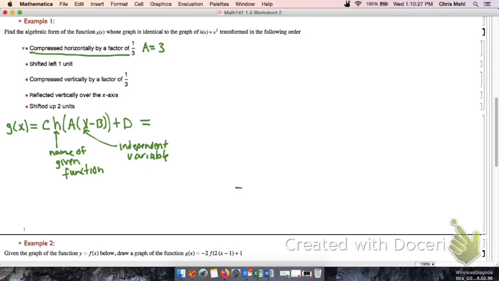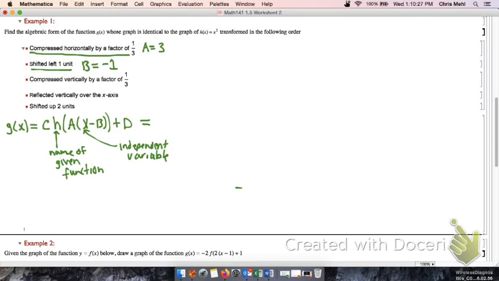So if you're scaling by a factor of 1/3, A is going to be 3, and furthermore that would be -3 if there was a horizontal reflection, which in this case there is not. Then you're going to shift left 1 unit, and when you go left 1 unit, that tells me that capital B is -1.